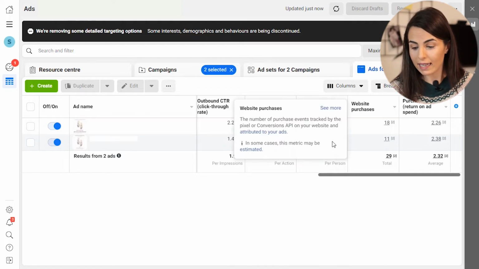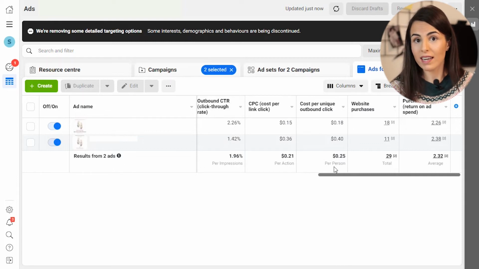Usually anything in here lower than $1 is acceptable. If you have a cost per unique outbound click lower than $1, you are fine. So the lower this number is, the better, definitely, because you would be paying less for that click.